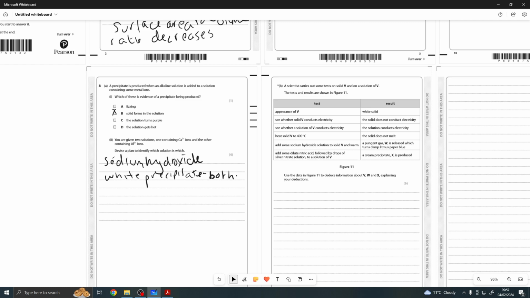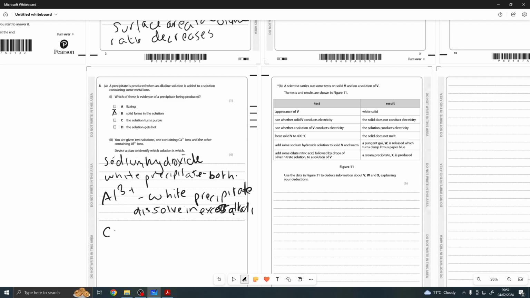But for Al3+, the white precipitate will dissolve in excess alkali. So for Al3+ aluminium ions, the white precipitate will dissolve in excess alkali.